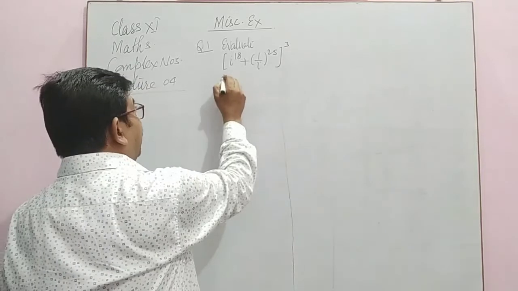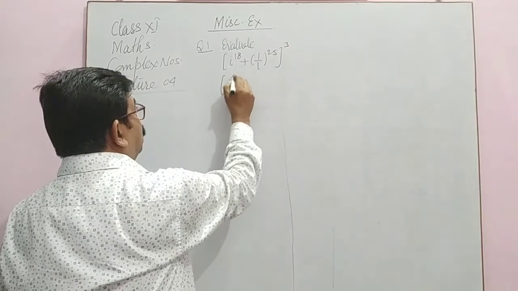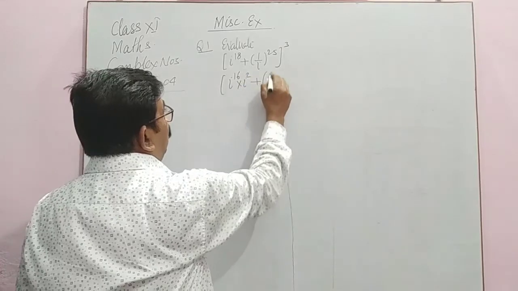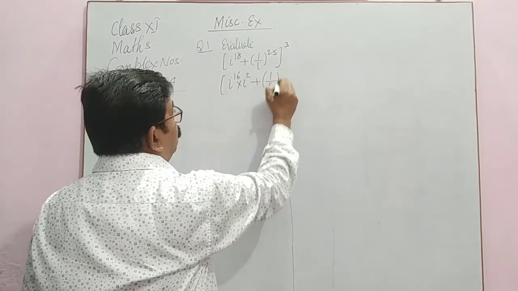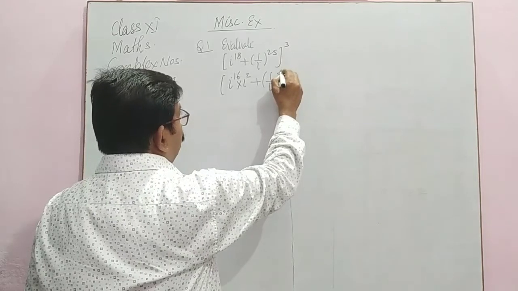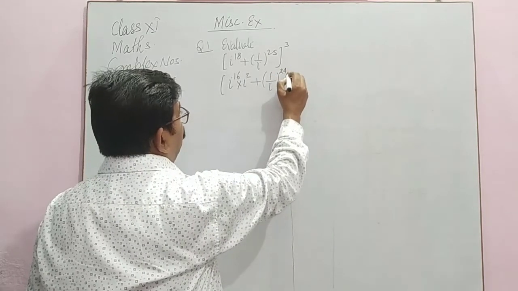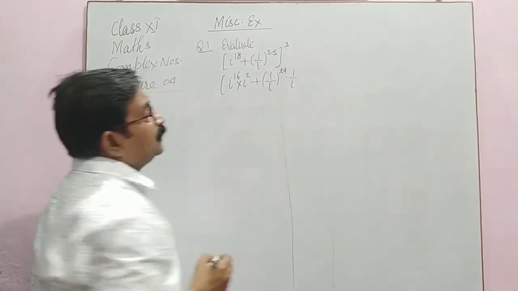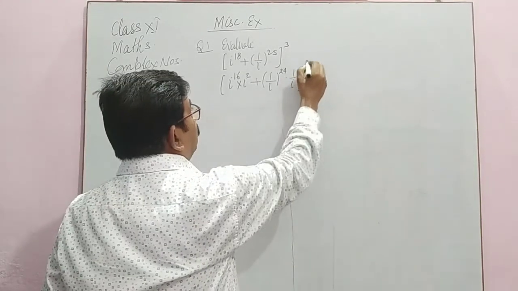So see, can we write this like this? I to the power 16 into I square, plus 1 upon I to the power 24 into 1 upon I, whole to the power 3.